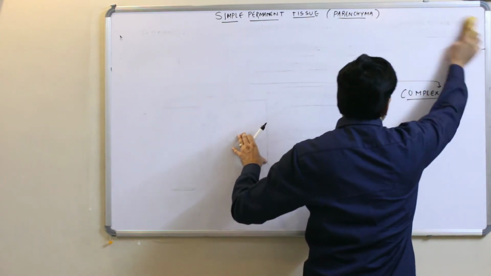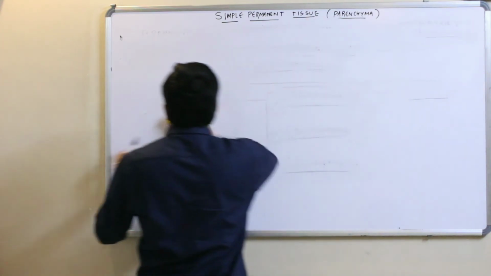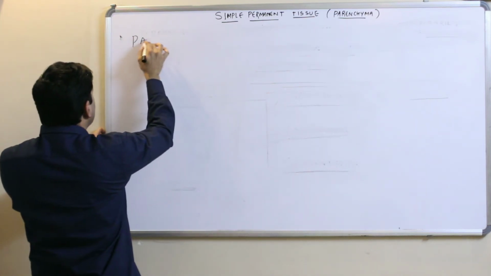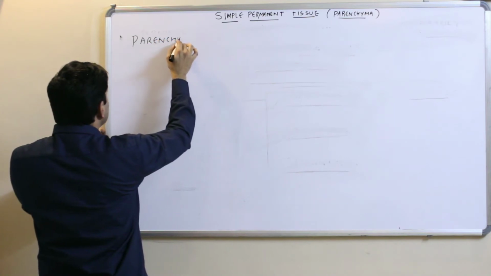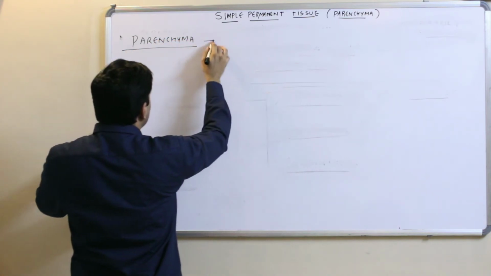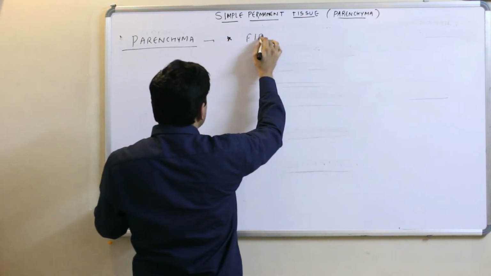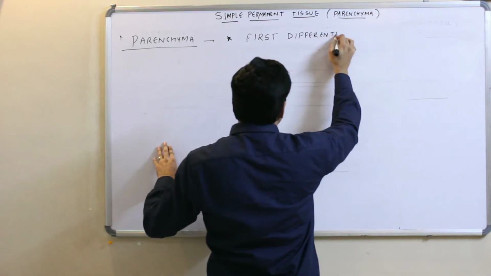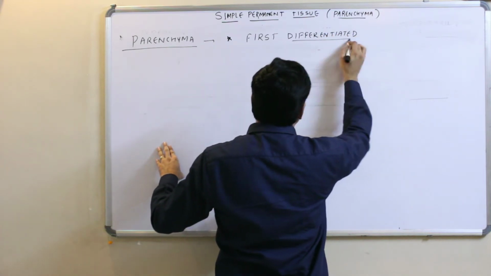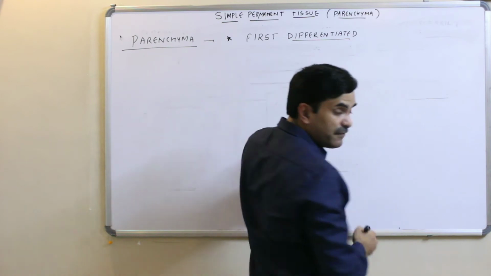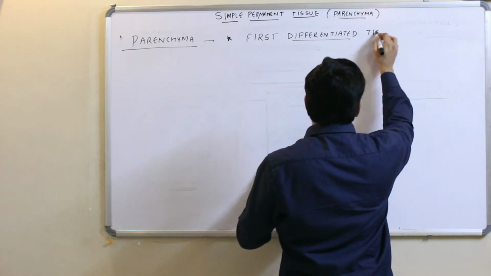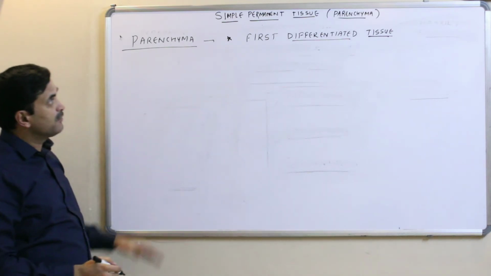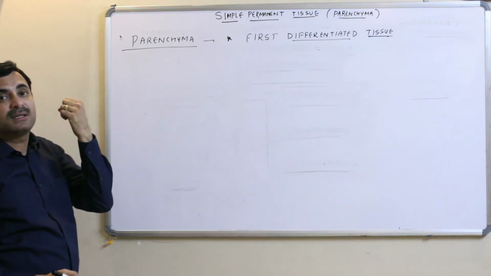Now, Parenchyma is, remember, the first differentiated tissue. That's why we are studying it here in the permanent tissue at the very first glance. It is the first differentiated tissue formed by the meristematic tissues.